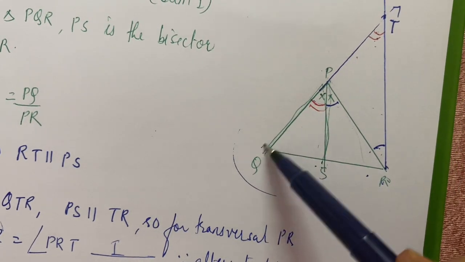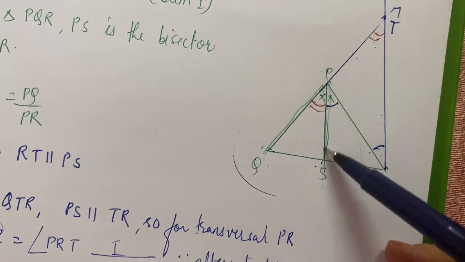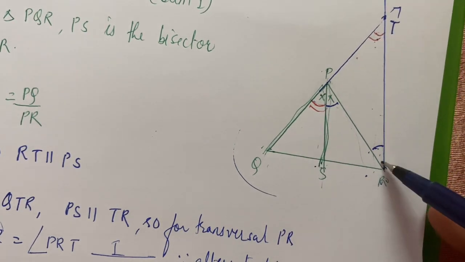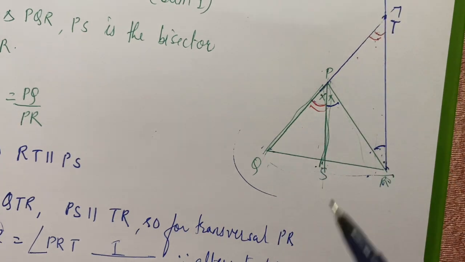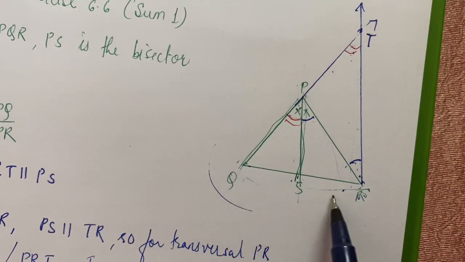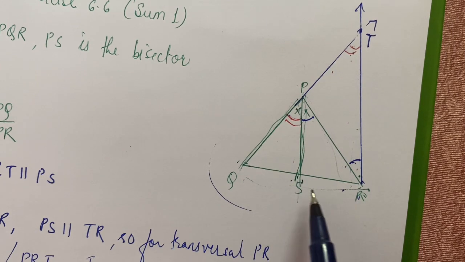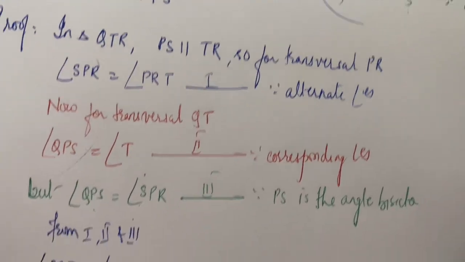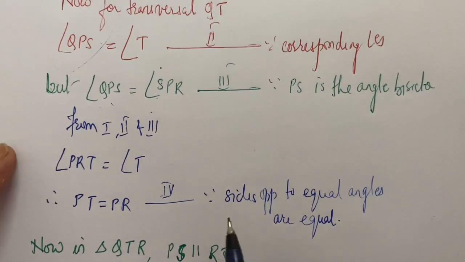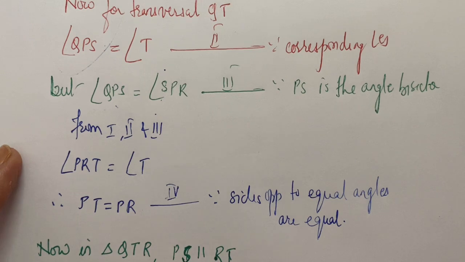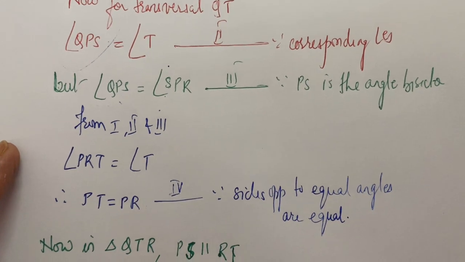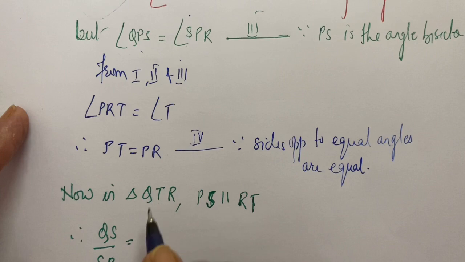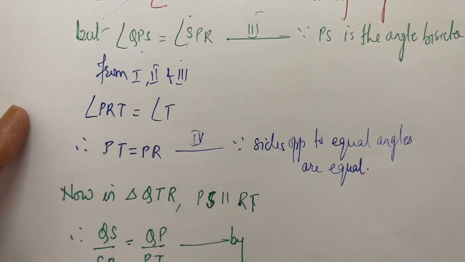Therefore, look here, this is the triangle. A line parallel to one side of the triangle will divide the other two sides in the same ratio. These are the other two sides, QR and QT. So you will have QS upon SR equal to QP upon PT. So in triangle QTR, PS is parallel to RT. Therefore, QS upon SR will be equal to QP upon PT by basic proportionality theorem.